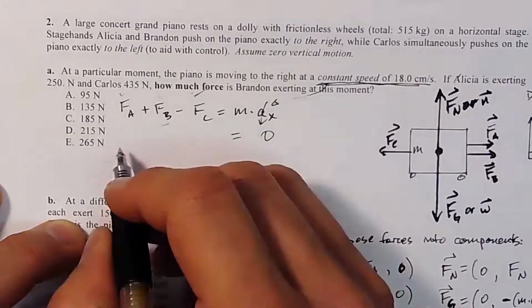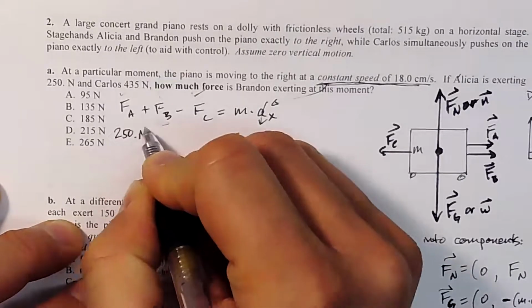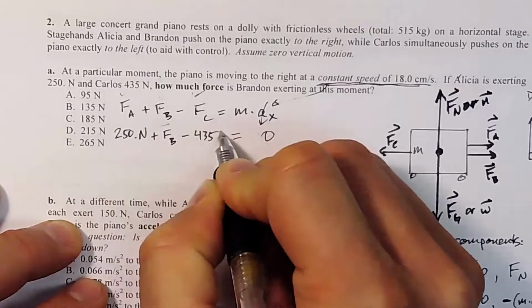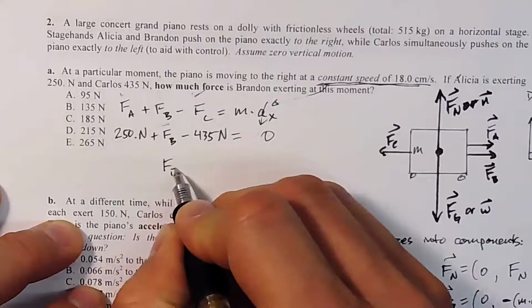So we can plug in 250 newtons for the magnitude of FA, 435 newtons for the magnitude of FC, and that lets me solve for FB.